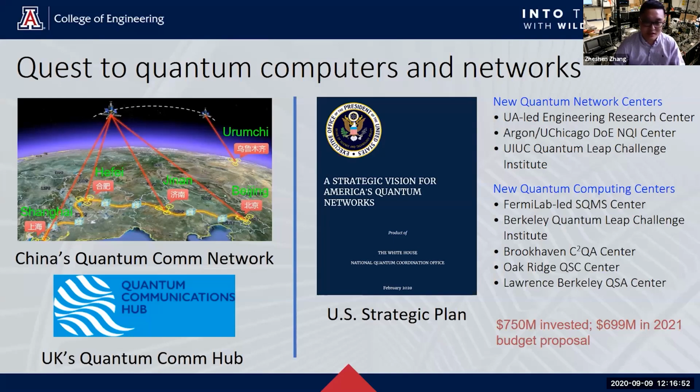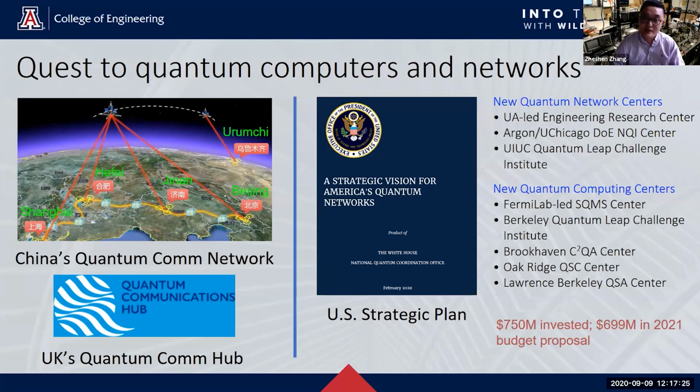And in the US, we have published the strategic plan for building quantum networks. And since last year, we have also significantly invested in quantum computers and quantum networks. As you see, there are some new centers recently formed. So actually, what we will introduce later is an engineering research center led by U of A to develop quantum networks.